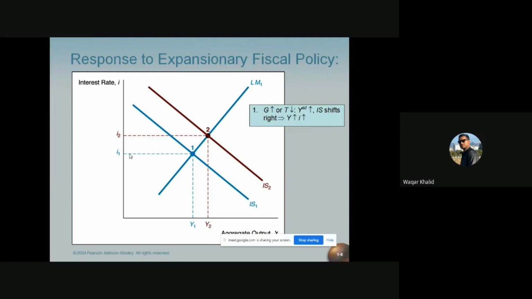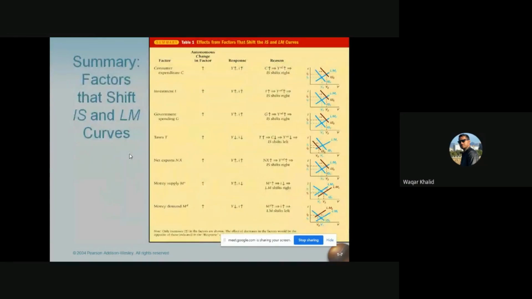But what about taxes? The relationship of these variables with the tax rate is found negative. It means that aggregate output and the interest rate are negatively related to taxes. Look, this is the summary: factors that shape the IS and LM curves.